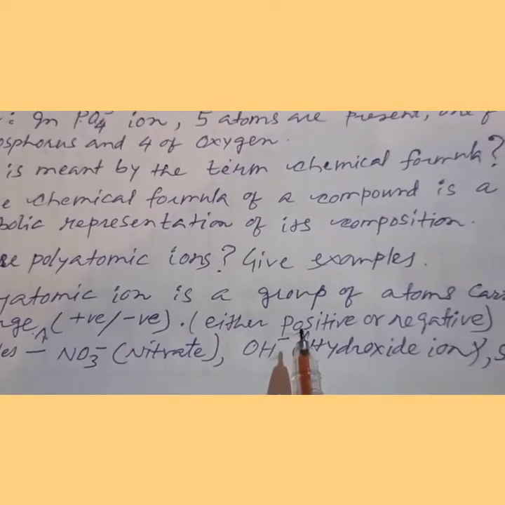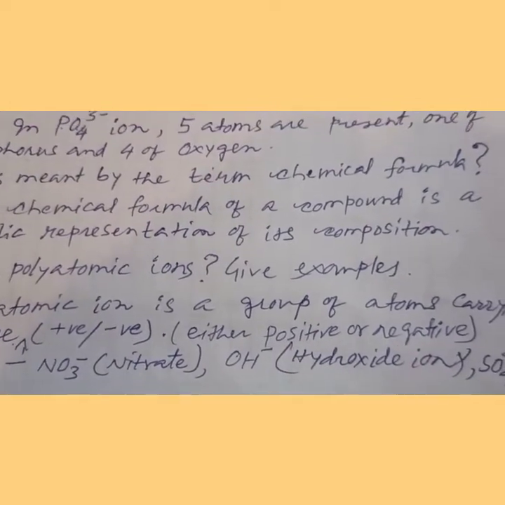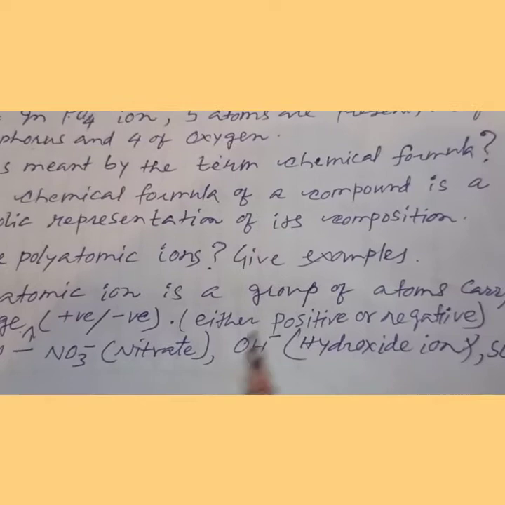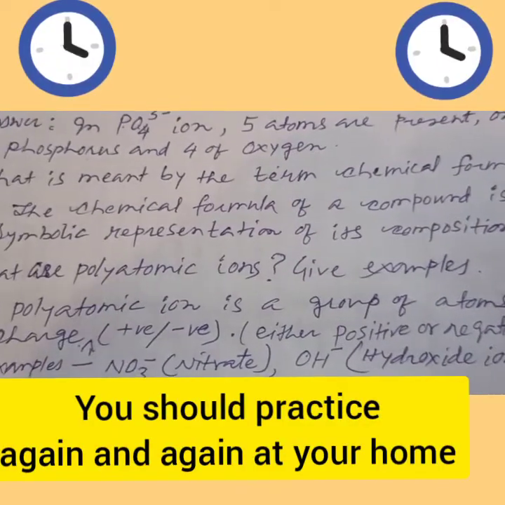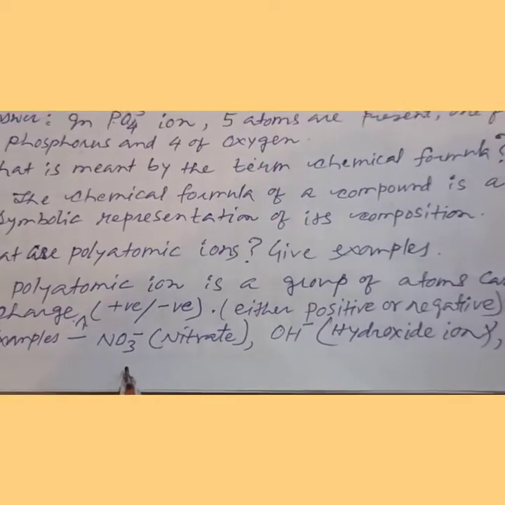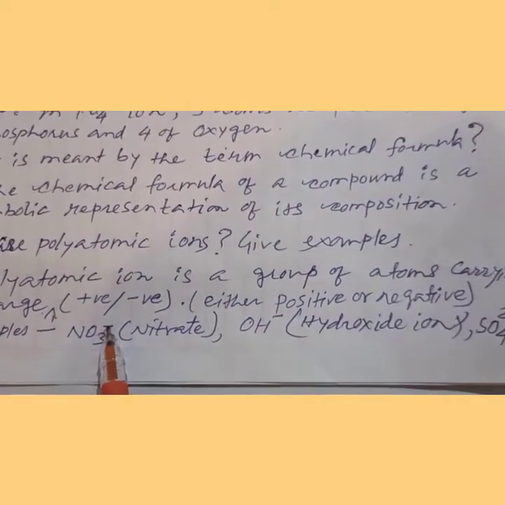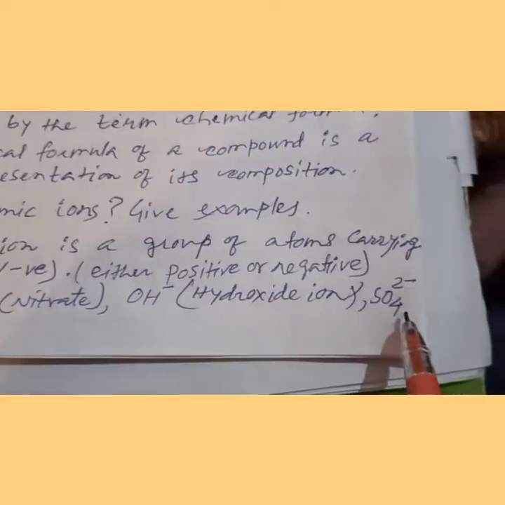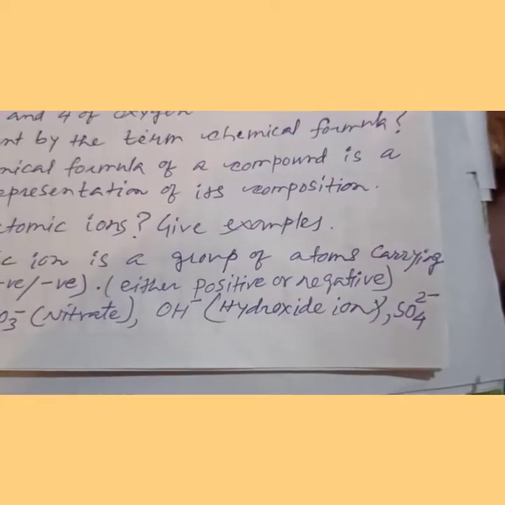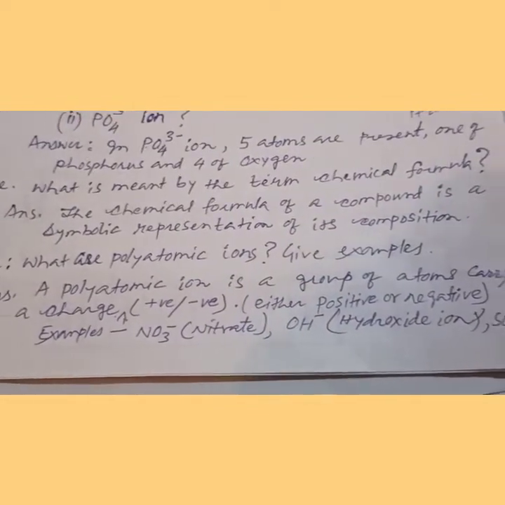This may be either a positive or negative charge. You write like this. Maybe positive charge may be there, maybe cation or anion, you can say like this also. As for example, nitrate NO3 negative, hydroxide ion, and sulfate ion SO4 2 negative. So you can cite examples by giving these.